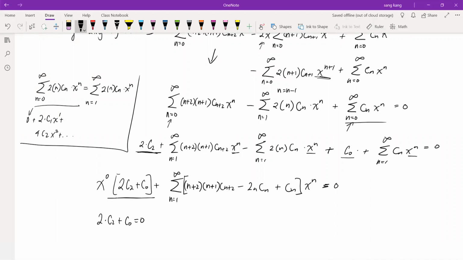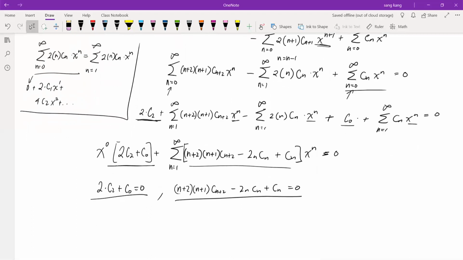And my second condition is this coefficient, (n plus 2)(n plus 1) c_(n+2) minus 2n c_n plus c_n. This has to equal 0. Okay? It's not the combination of both of these things. You have two separate equations that equal 0.